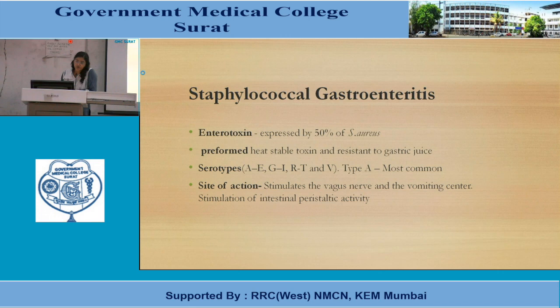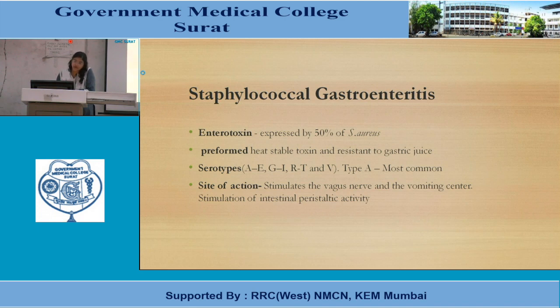So in the food, it is preformed, and when the person ingests this food, it is heat-stable, so it will survive cooking also and is resistant to gastric juice. So it will not be destroyed by gastric juice in the stomach. The most common serotypes associated with staphylococcal gastroenteritis are A to E, G to I, R to T, and V. Out of these, type A is the most common one.